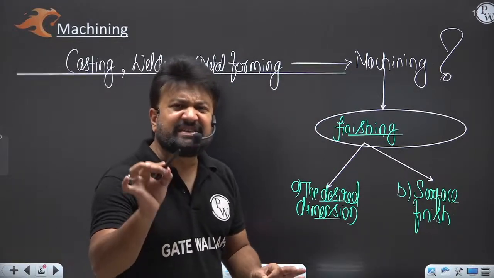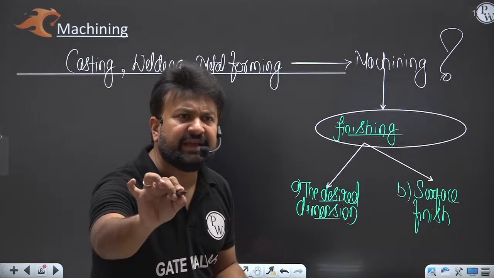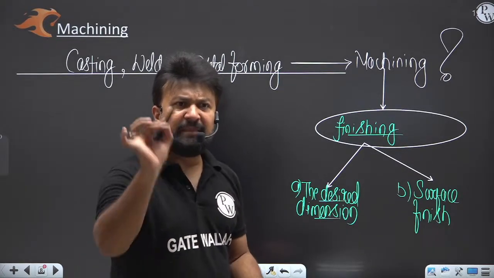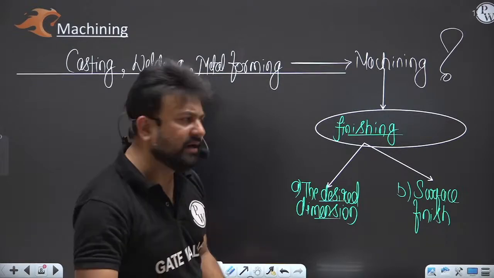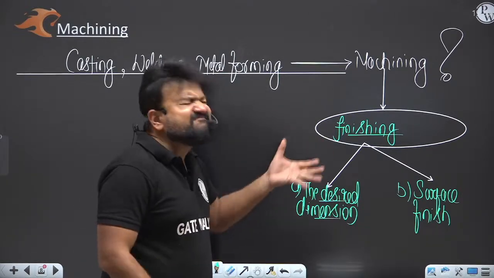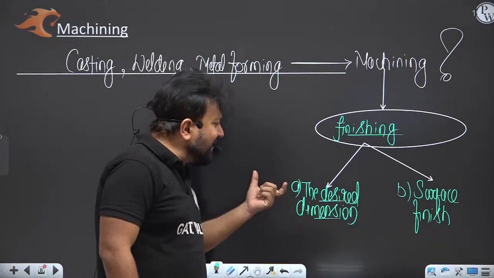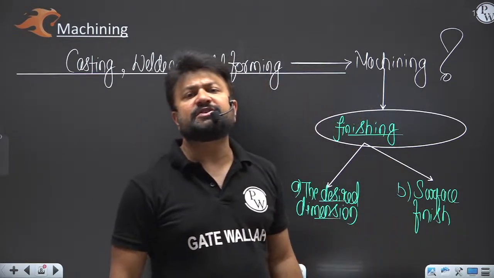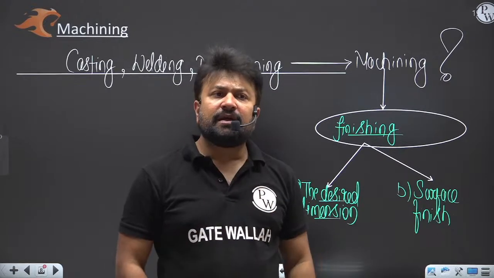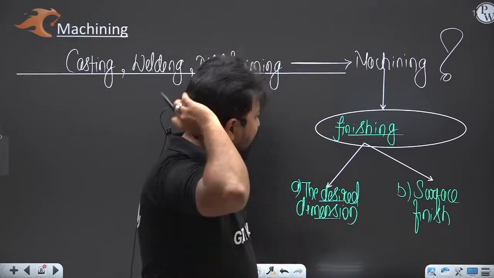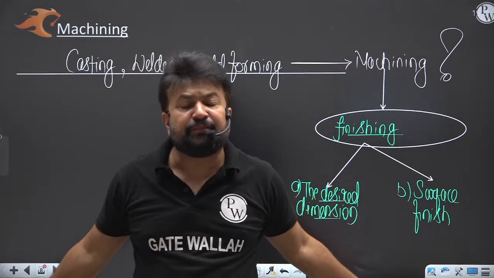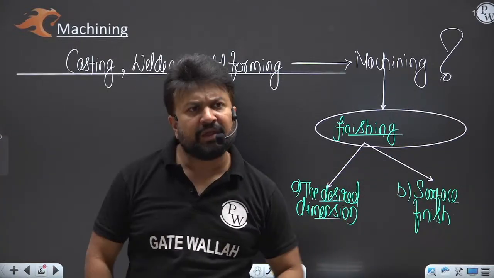My dear, machining is by default a finishing process. By finishing, you are getting the desired dimension and you are getting a surface finish. If you are not getting these two things, it means you are not doing a finishing or machining operation.